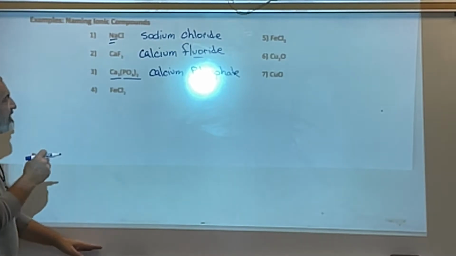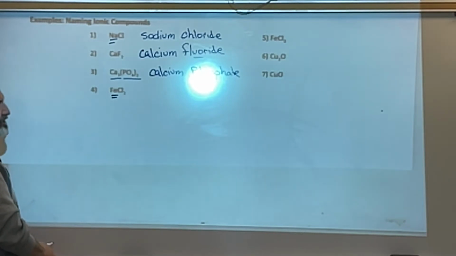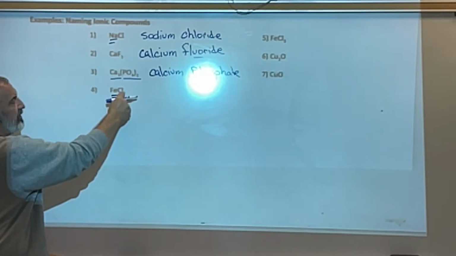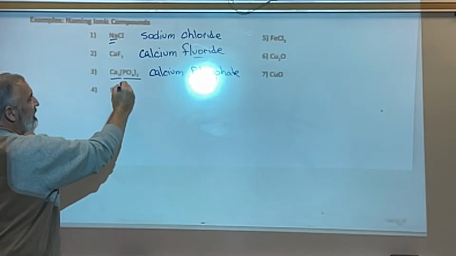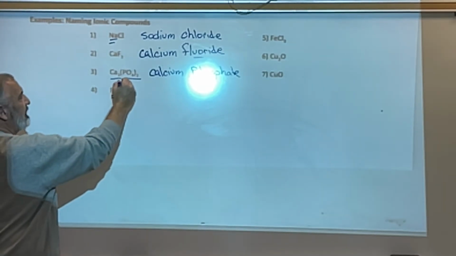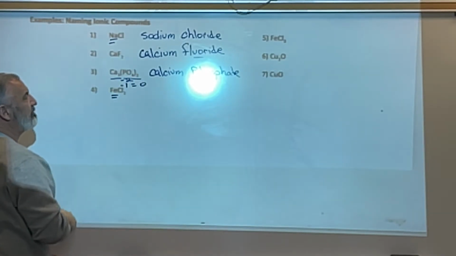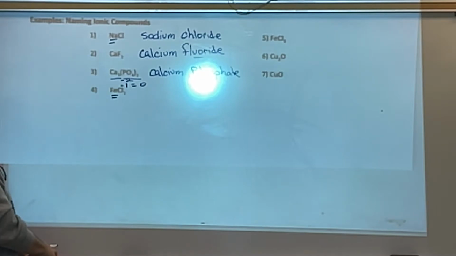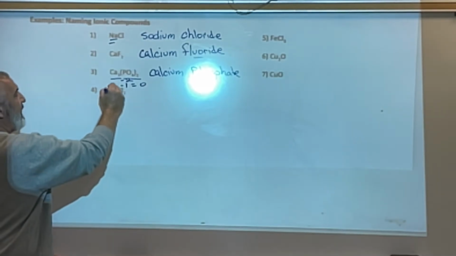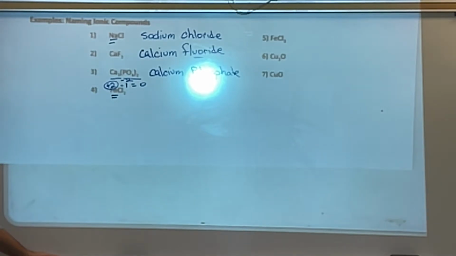So you have to figure out what the charge is on this one. And to do that, you have to use the charge on the other one. I know chloride halogens are always -1. I have 2 of them, so it's -2. The sum of the oxidation numbers in a compound always has to add up to 0. Therefore, iron must be in the +2 oxidation state.